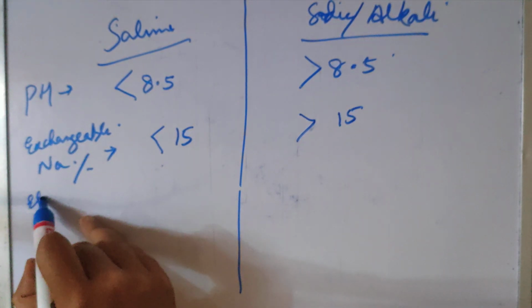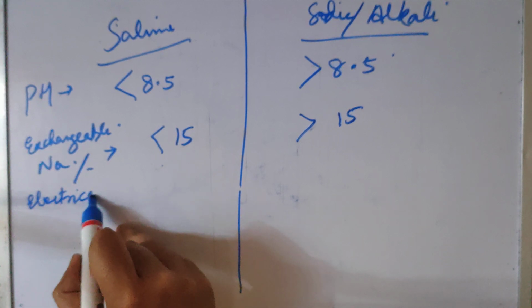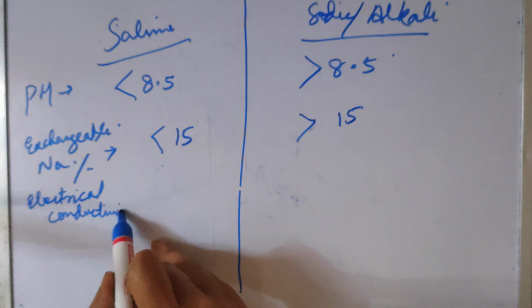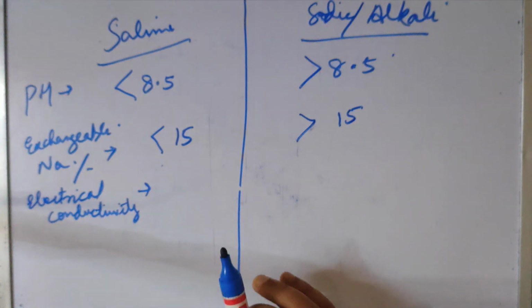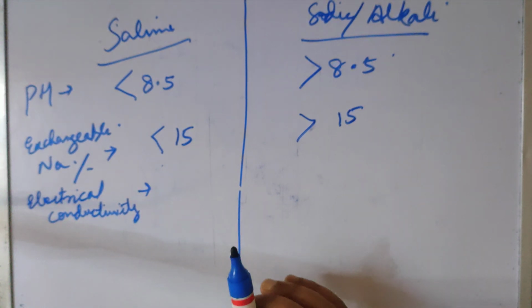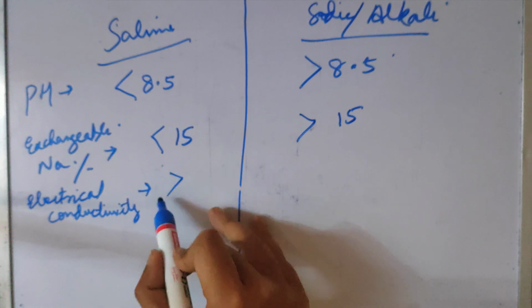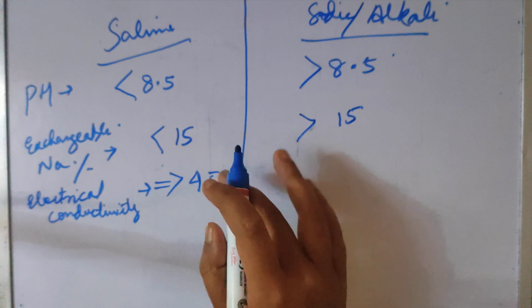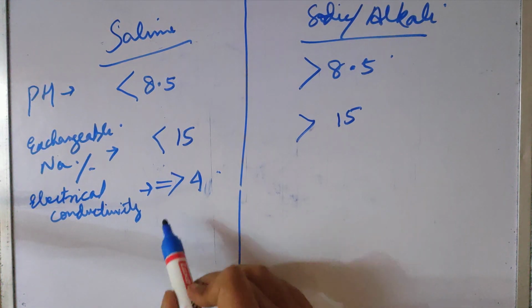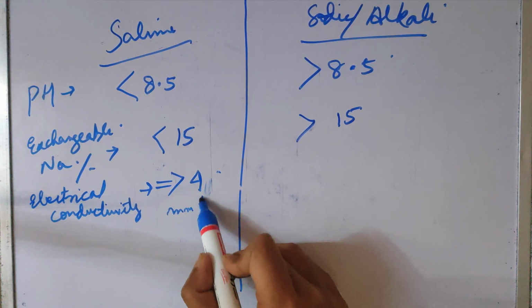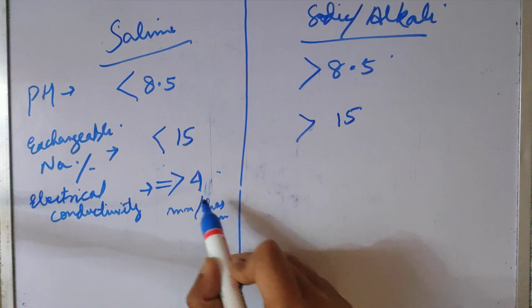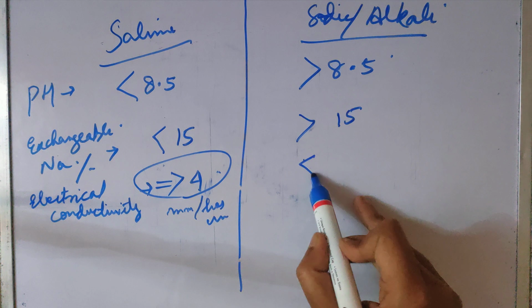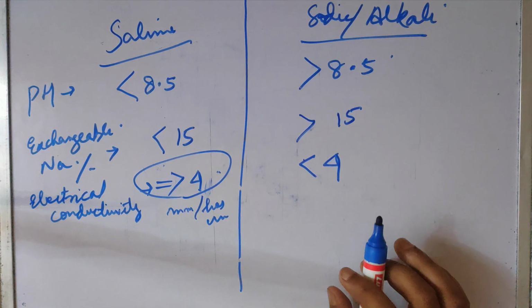Electrical conductivity. For saline soil it is equal to or more than 4 mmhos per cm, whereas it is usually less than 4 for sodic or alkali soil.